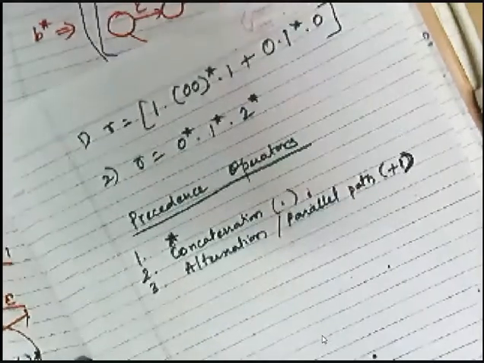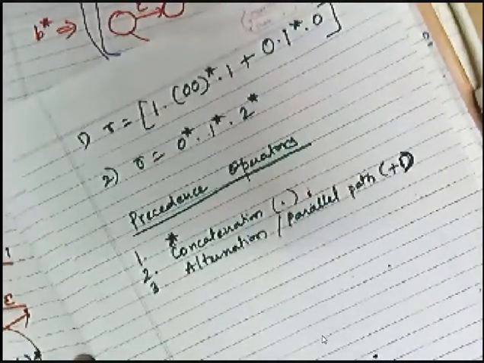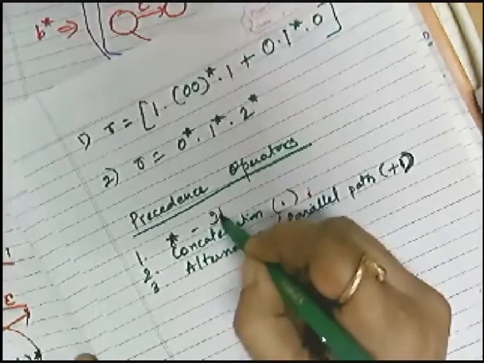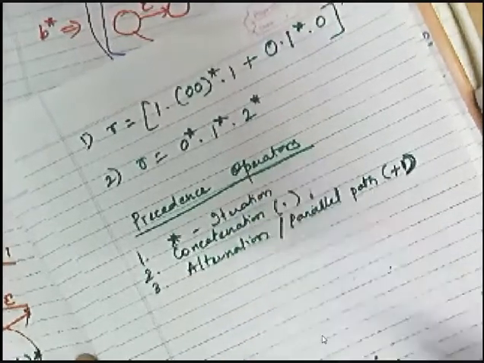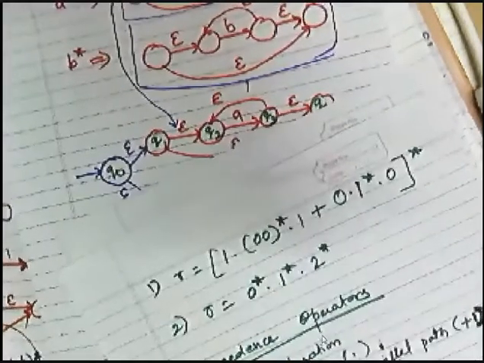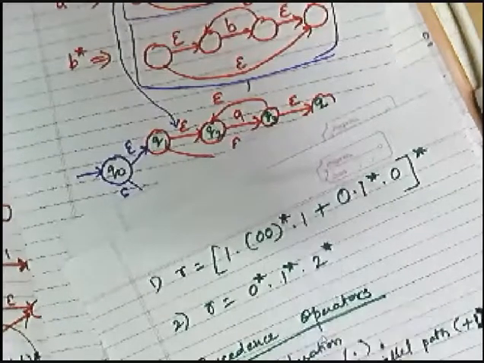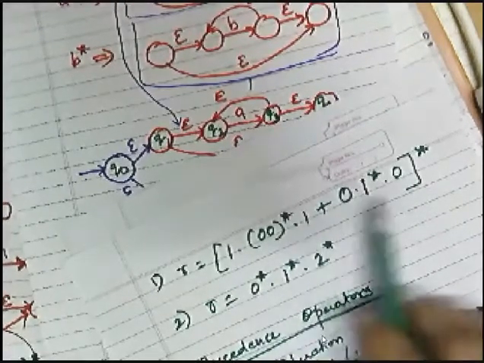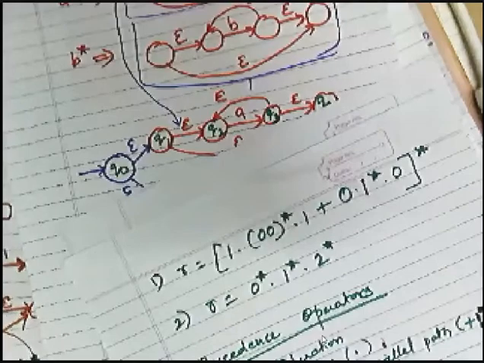So these are the precedence of operators: iteration, concatenation, and alternation. You have to use them in cases where no brackets are given. I hope this is clear to you.